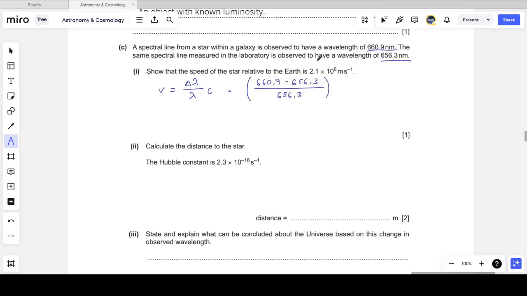I can ignore the 10 to the minus 9 because they'll cancel off anyway. And then I multiply that by the speed of light, 3 times 10 to the power 8 meters per second. And what I get is, as they've asked, 2.1 times 10 to the power 6 meters per second. So this star is moving away from Earth at a speed of 2.1 times 10 to the 6 meters per second.